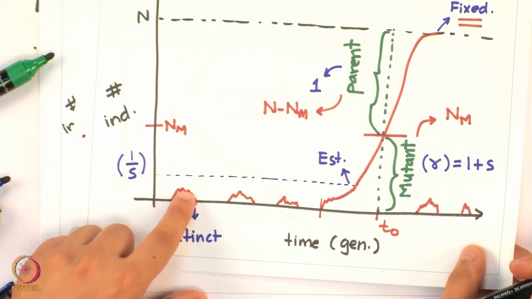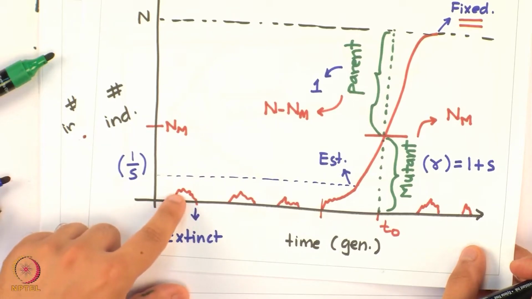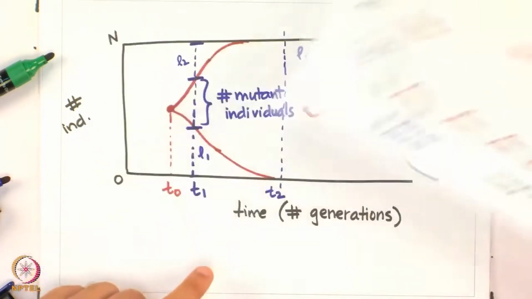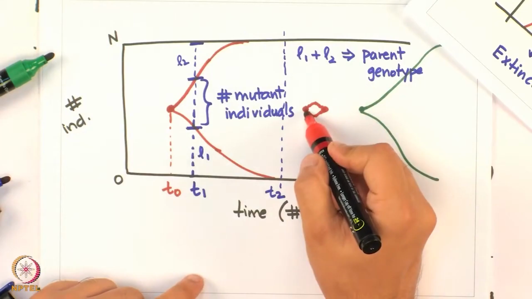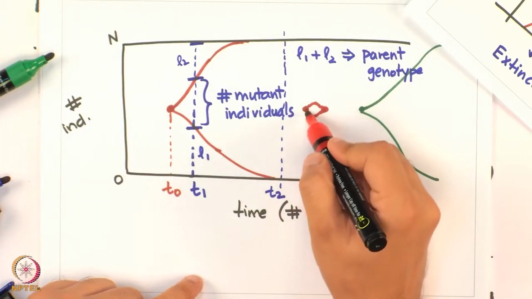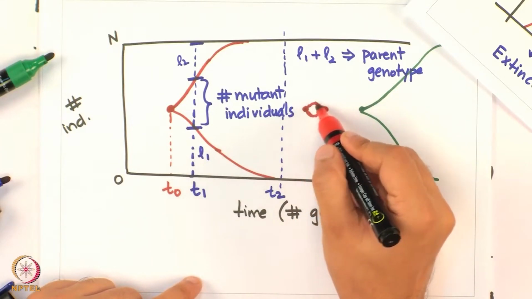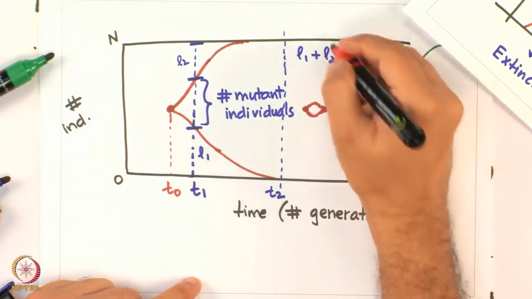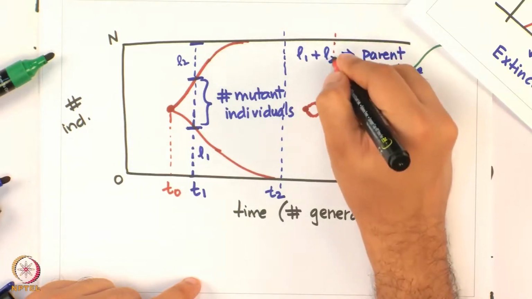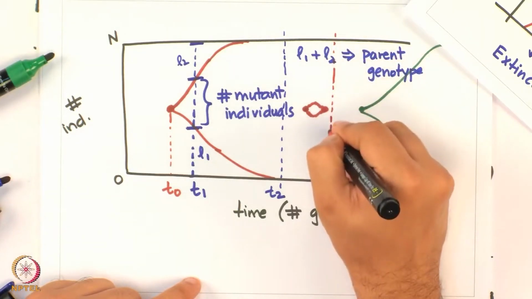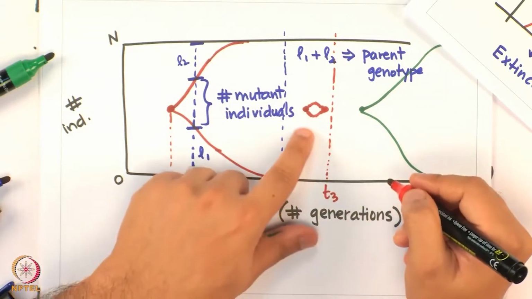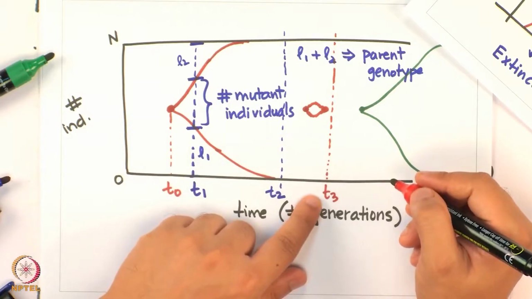Its numbers oscillated a little bit, but the numbers never grew so much that the mutation established itself, and eventually the numbers died down and the mutation went extinct. The same is happening here. The mutation happened with one individual and the numbers fluctuated, grew a little bit, but eventually the population collapsed, and then at t equal to T3, no individuals carrying this particular mutation were left in the population.